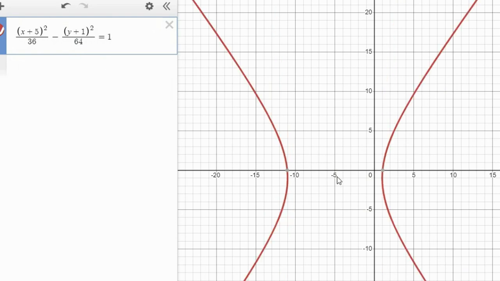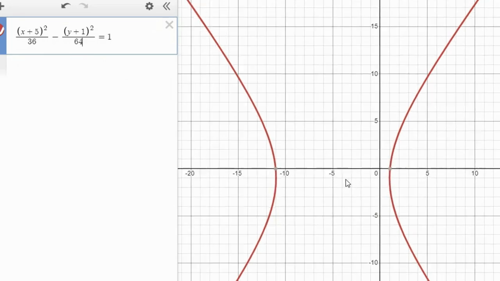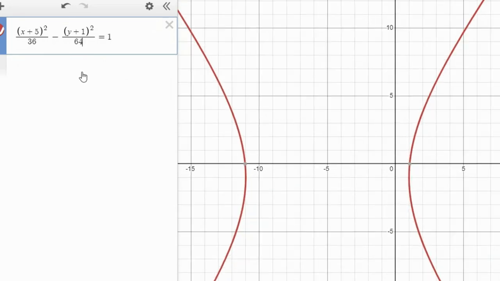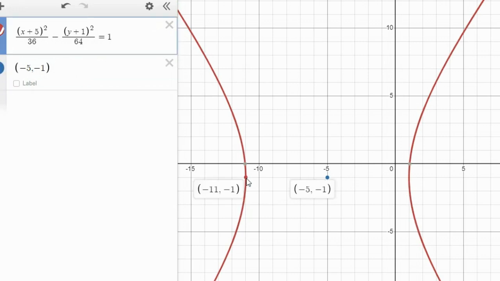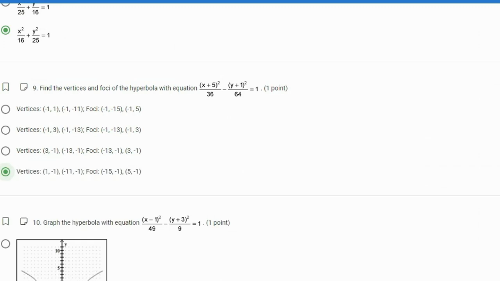All right. The center, we said, is going to be at negative 5, negative 1. That looks about right. What is this vertex? Negative 11, negative 1. We have that as the vertex, and the other vertex will be over here at 1, negative 1. All right, I feel good about that.